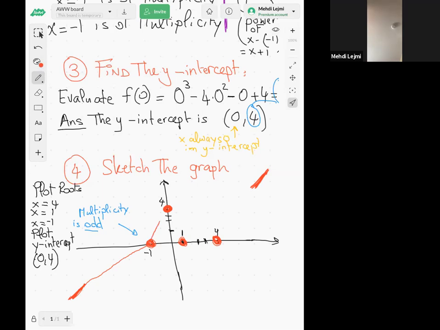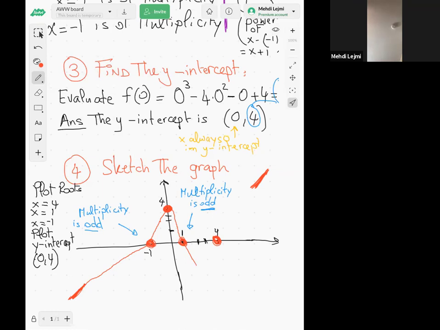The next point I have to join is the y-intercept, the 4. Then I'm going to go to the next root, which is +1. Now what happens? The multiplicity is again odd, and when the multiplicity is odd, you just cross the x-axis. Remember, if the multiplicity is even, then you touch the x-axis and you turn around.